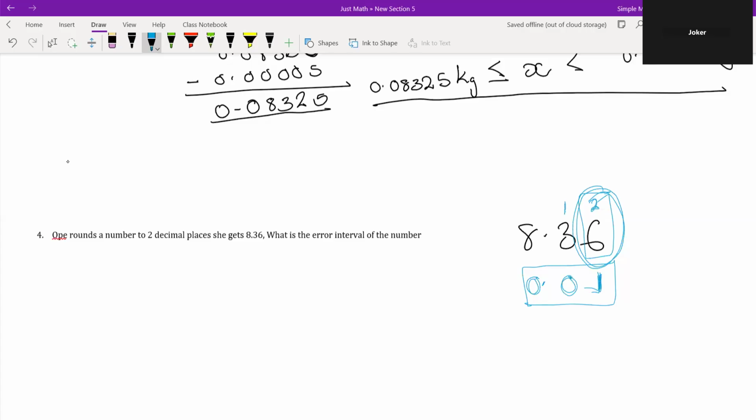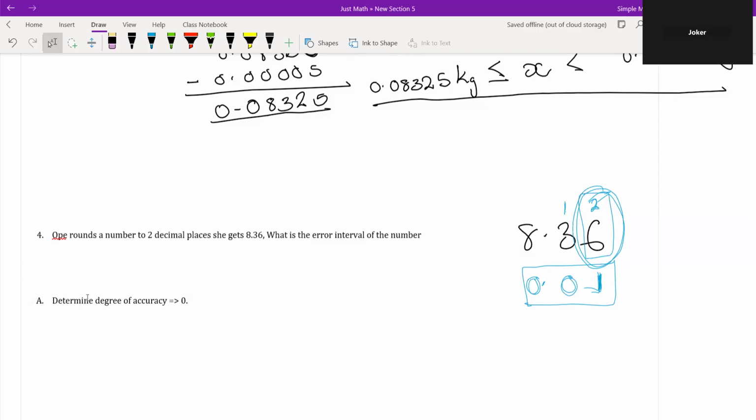So 0.01. Let me write that down. So again, we determine the degree of accuracy, which is 0.01. We just did that.